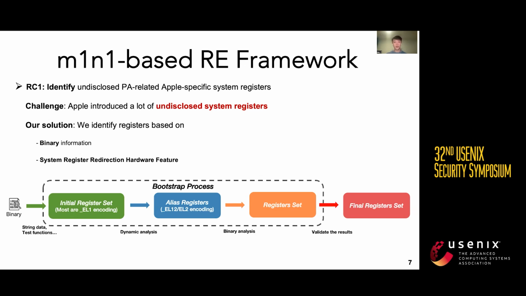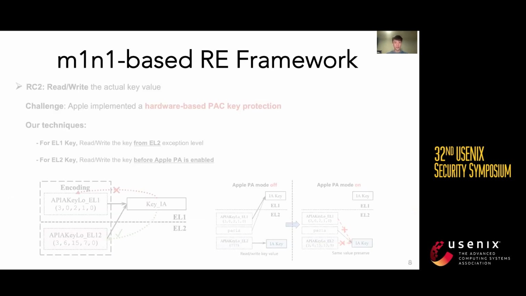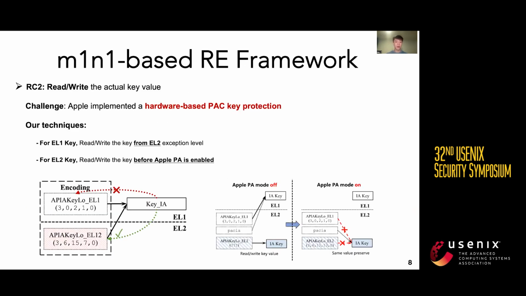And finally, we can confirm the result by verifying whether the register can impact the PAC instruction behavior. For the second required capability, the challenge is that we discovered Apple implements a hardware PAC key protection. To analyze Apple's PAC hardware, we must bypass this protection to read and write the key value used for signature generation.